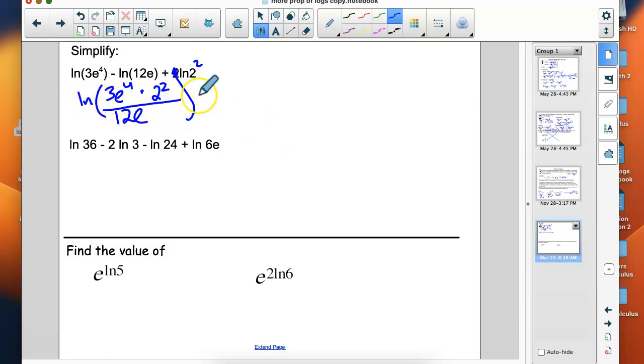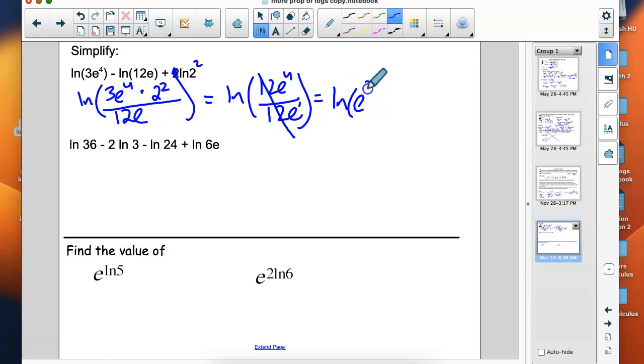So ln's have the same properties that all these other things did. So when I multiply this out, that is 3 times 4, that's 12e to the 4th over 12e. The 12s cancel, and I'm left with the ln of e to the 4th over e to the 1st, which is e to the 3rd.